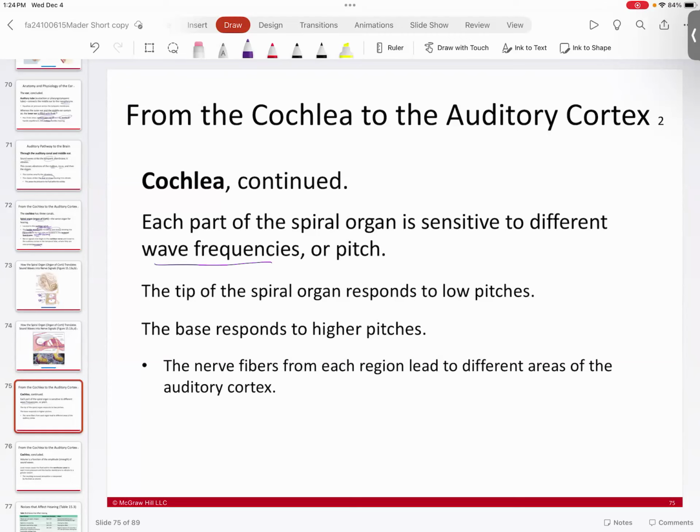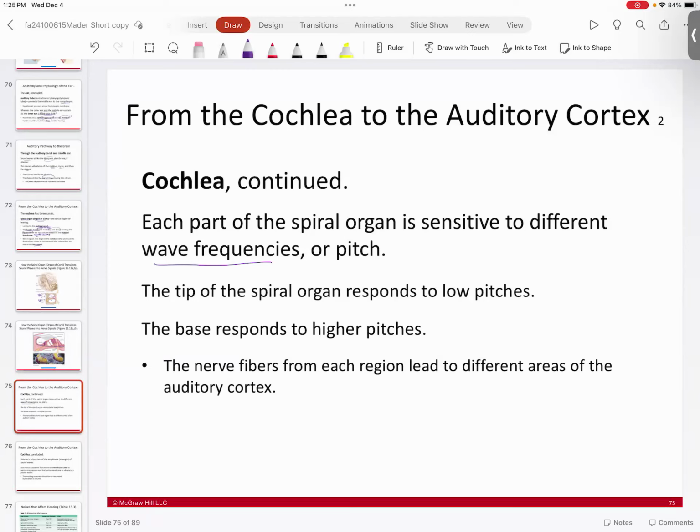That's going to really distort and really bend that basilar membrane, which is going to really bend those stereocilia. And then you hear that as a different pitch. So the different frequencies of the waves coming in are the different pitches. And that basically means that the extent to which you bend those stereocilial hairs is what determines your pitch, whether it's a low pitch or a high pitch.